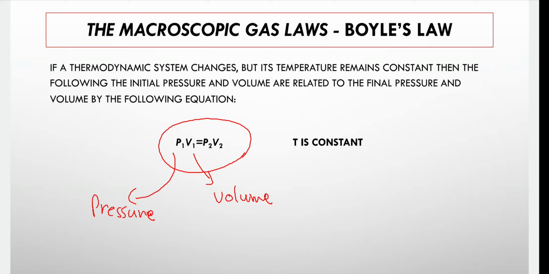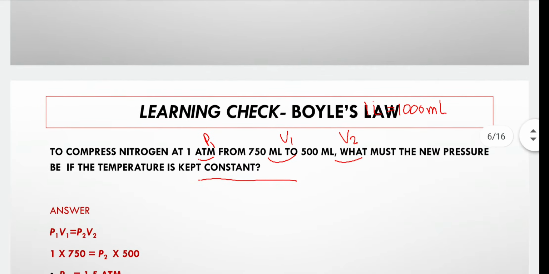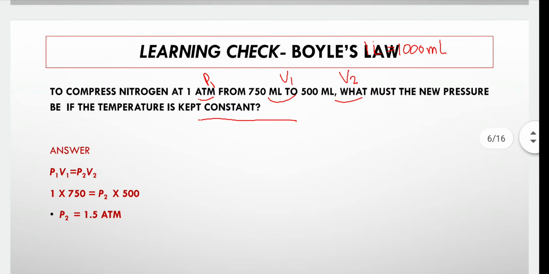P1 is the pressure for the first state of the gas, V1 is the volume before applying the pressure, and P2 and V2 are the second pressure and volume. Okay, so let me give you an example for Boyle's law.